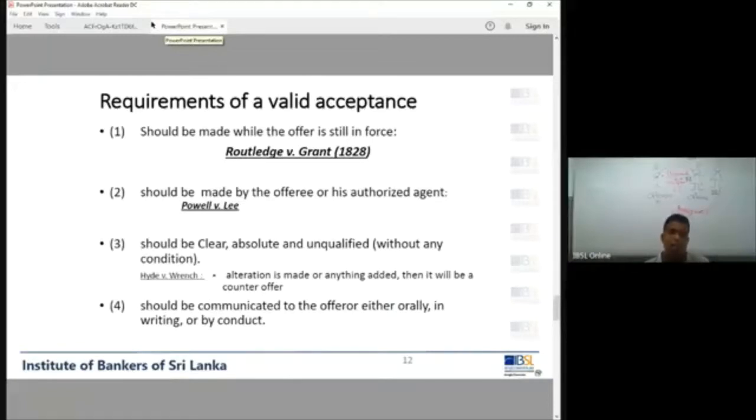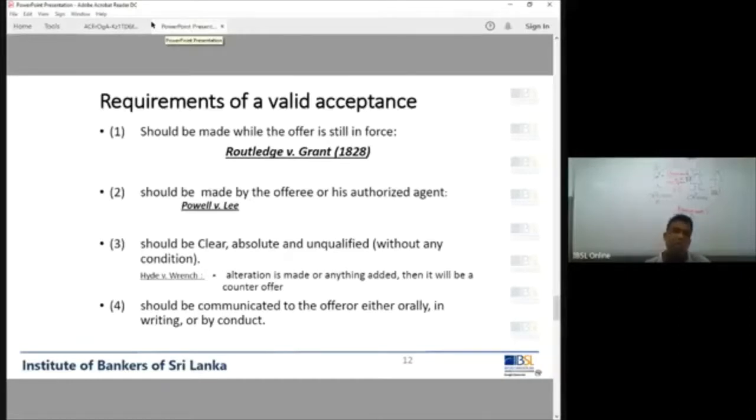And the next point is unqualified or unconditional. Unconditional means you can't say, I accept your offer subject to these conditions, or I accept your offer if you stop smoking. What does it mean? That means still the girl has not accepted the offer because she has put a condition. You can't put a condition in an acceptance.